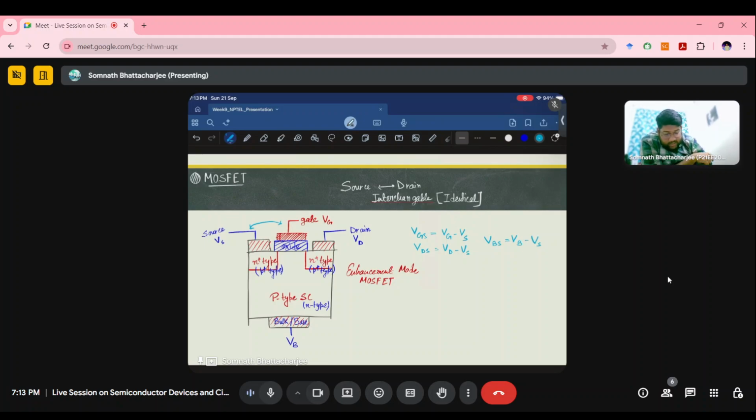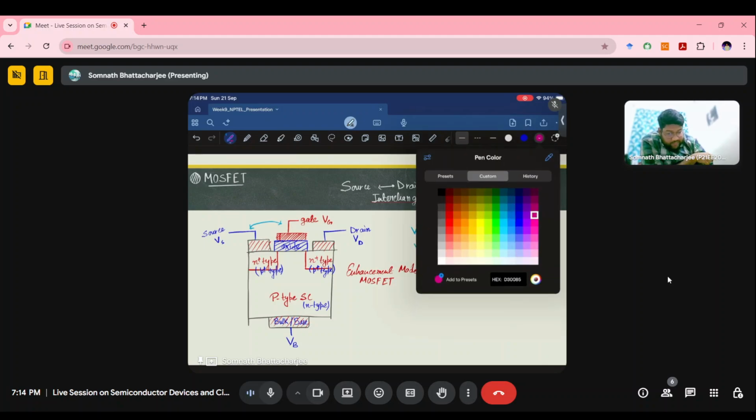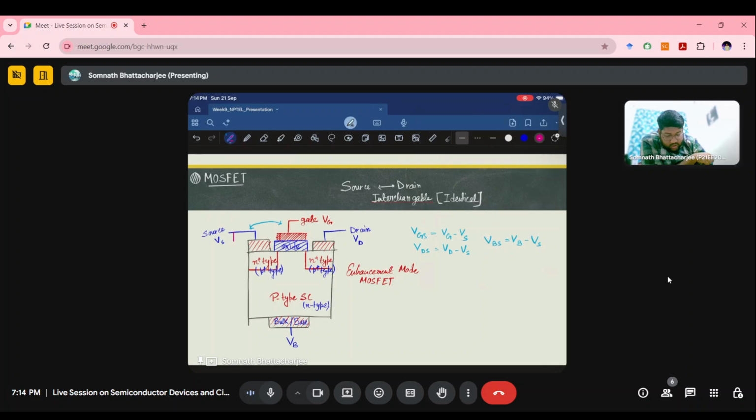Now in most of the cases, this source is grounded. So as it becomes zero, we can write VG for the VGS. Similarly, for this, we can write VD, and for this, VB as well.